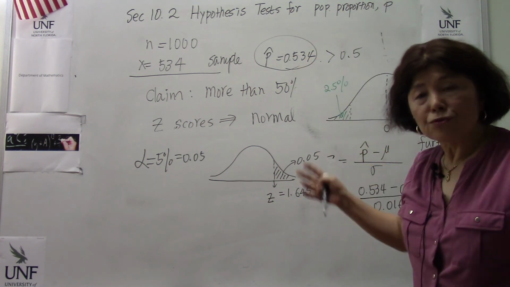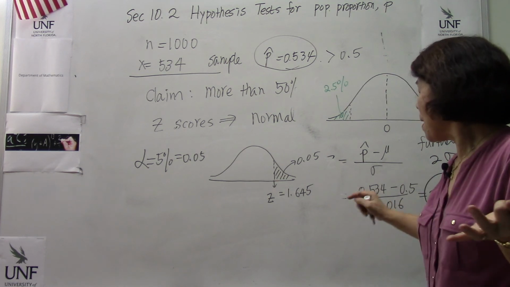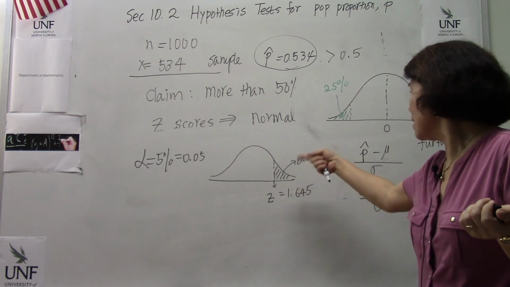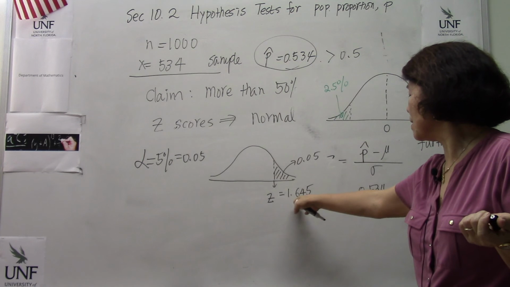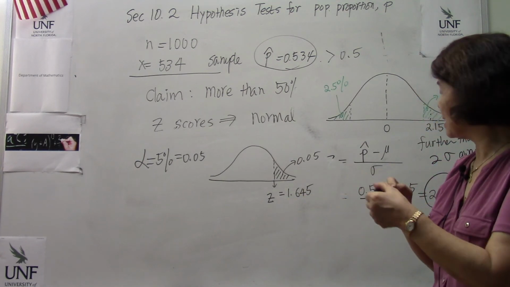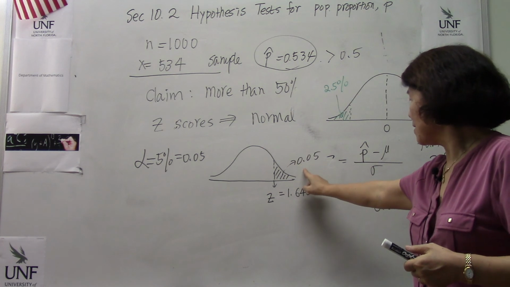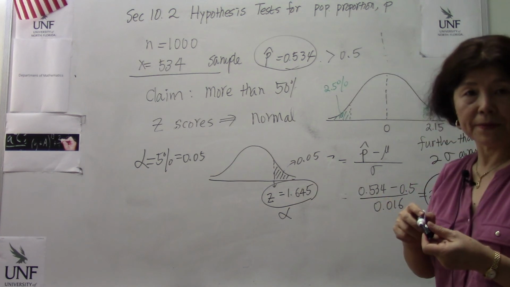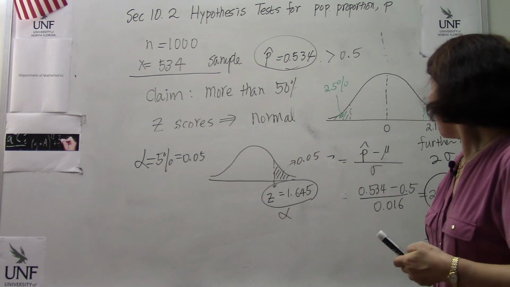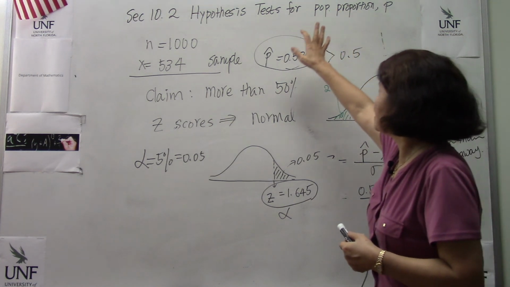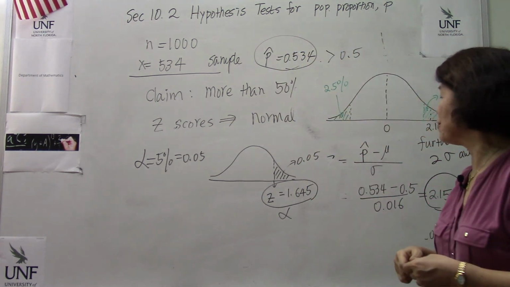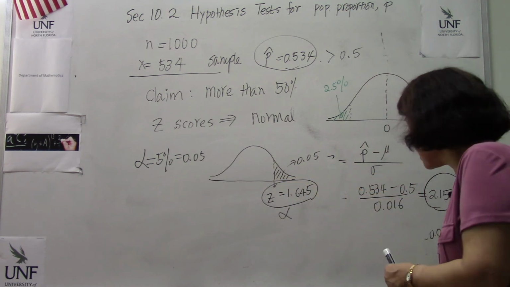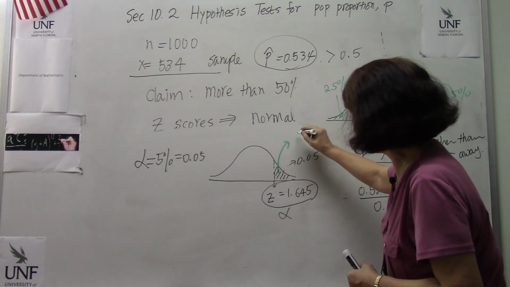Yes, the empirical rule says just 2, but if you use the standard normal distribution, it is a little different. This is going to be 1.645, and this area comes from the level of significance.